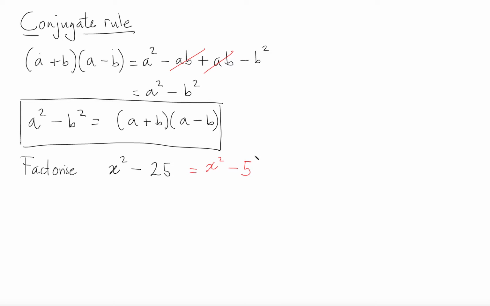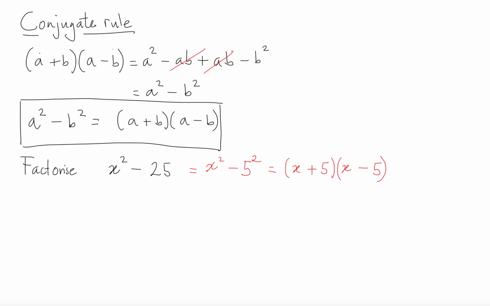Minus 25 is 5 squared. And this pattern is the same as the one you'll find in the conjugate rule. So if you follow the rule here, working backwards, this is brackets x plus 5, close brackets, open brackets, x minus 5. Because something squared minus something else squared is the same as brackets a plus b, close brackets, open brackets, a minus b.